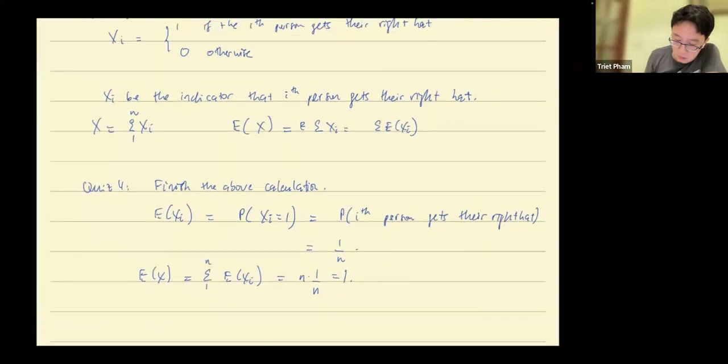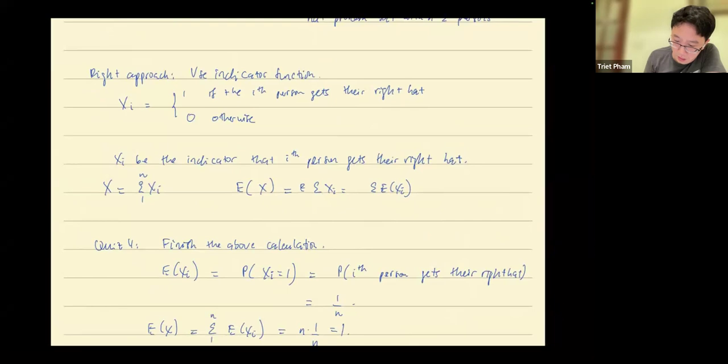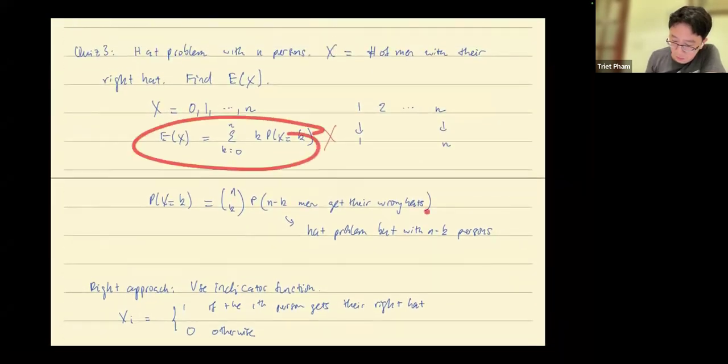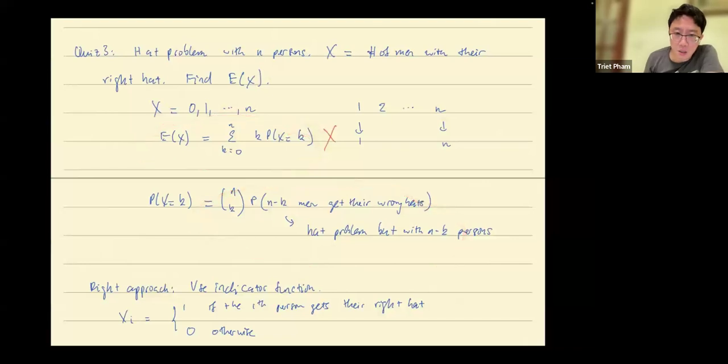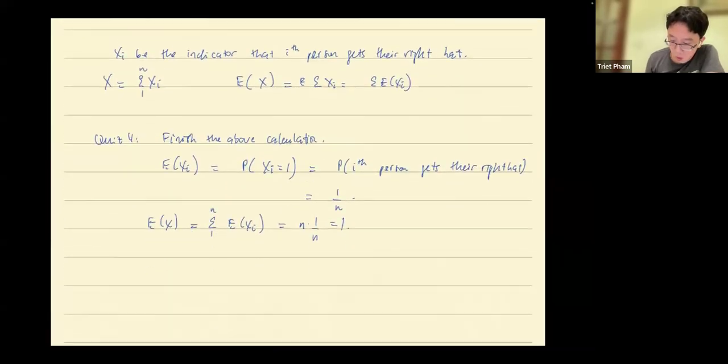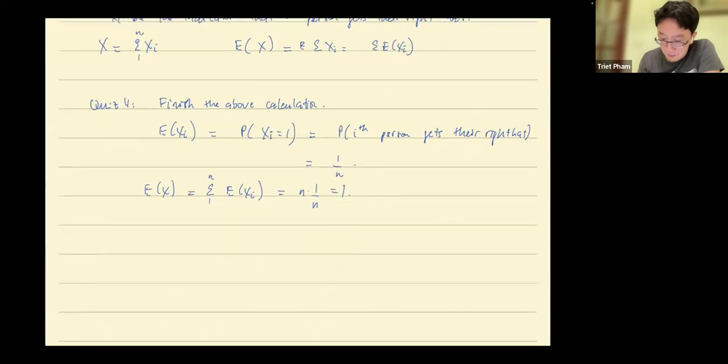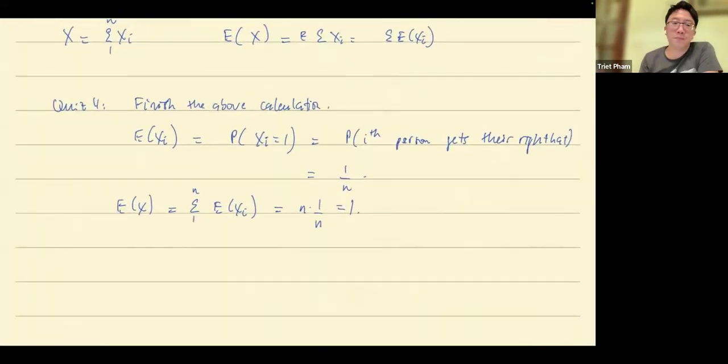Notice that an expression that is very, very complex turns out to be just 1. And that's why the above approach is unsatisfactory, because the real answer is actually much easier than that. Any questions?